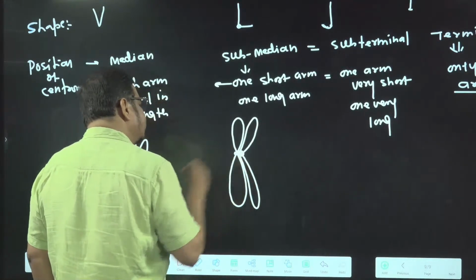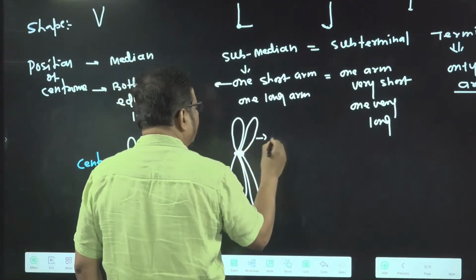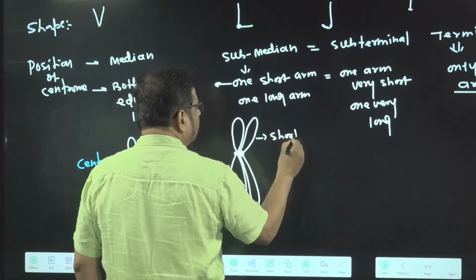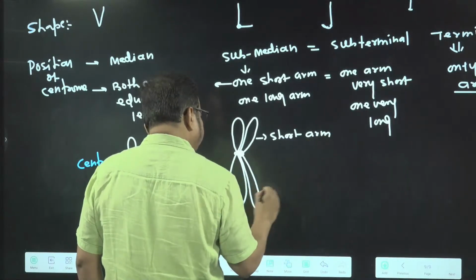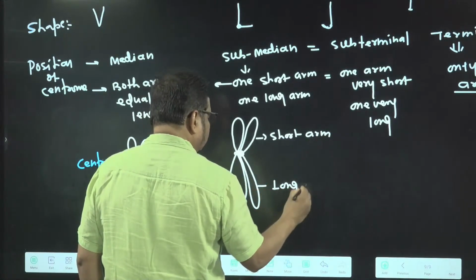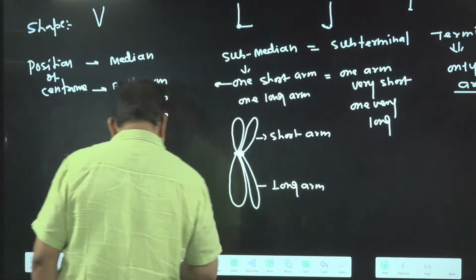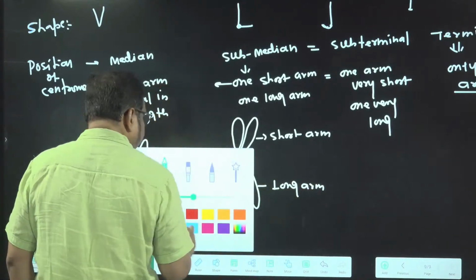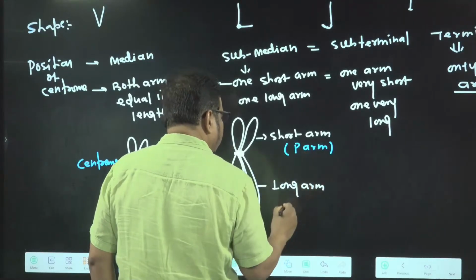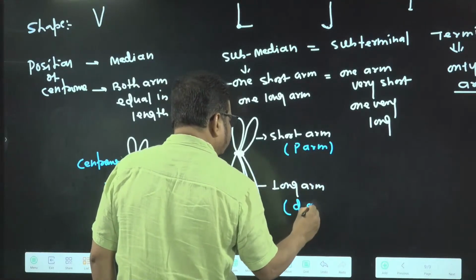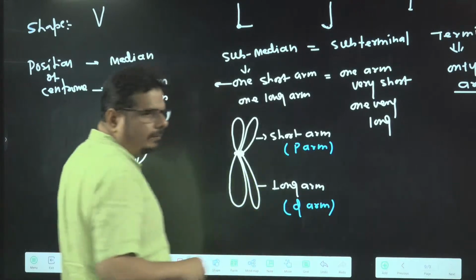This is the short arm and this is the long arm. And the short arm has another name. It was asked 3 years back in NEET: P arm. And the long arm is called Q arm. Getting the idea?